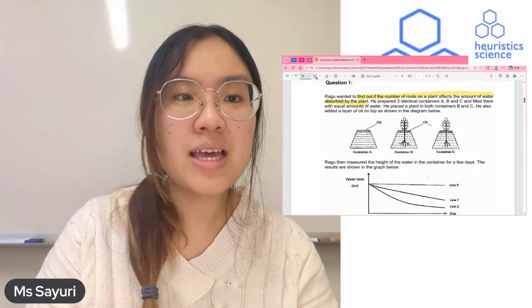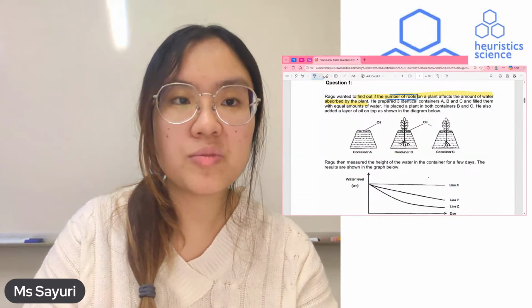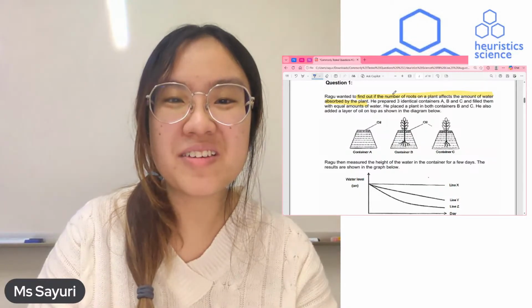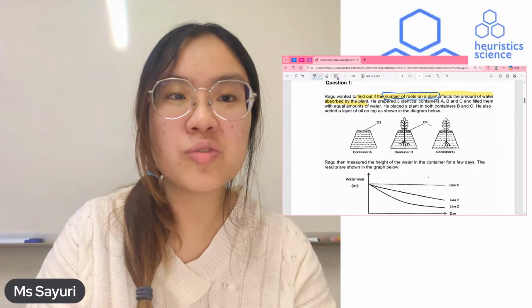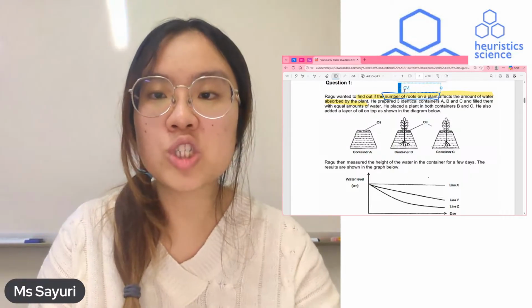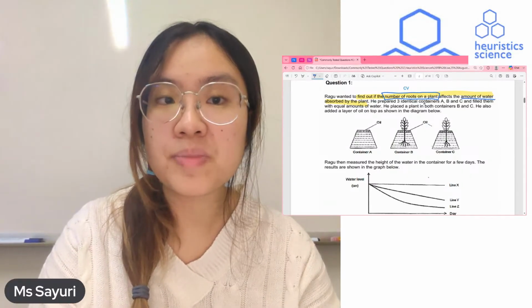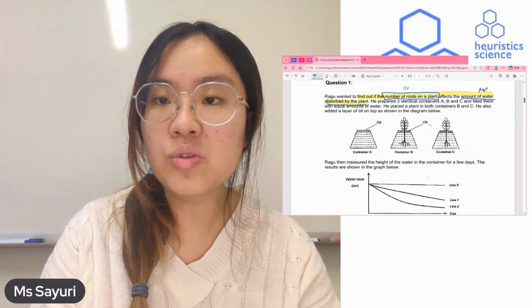This is the aim, and inside the aim, whether you underline, box up or highlight is up to you. This over here is your change variable, CV for short. Then after that, affects the amount of water absorbed by the plant is your measured variable.